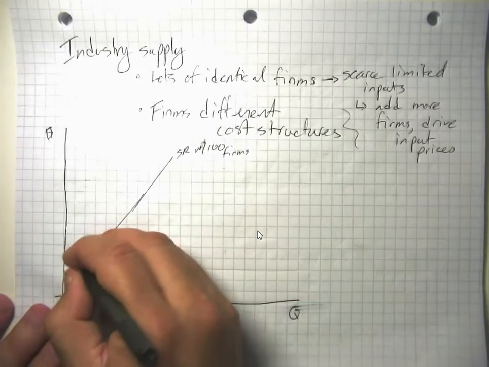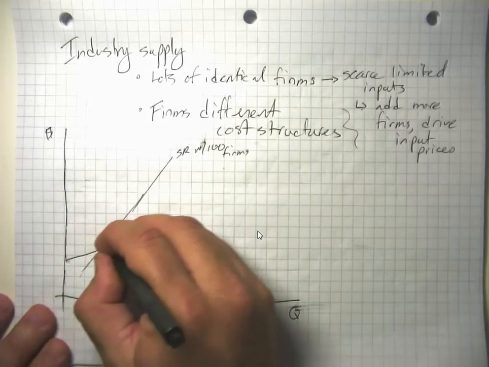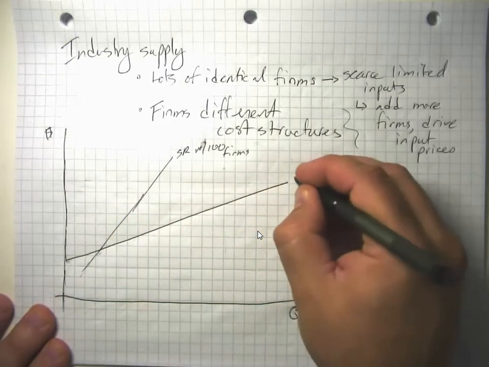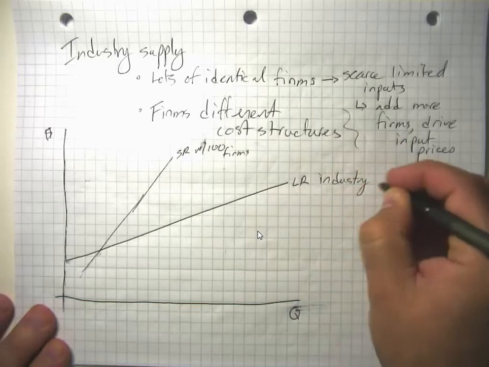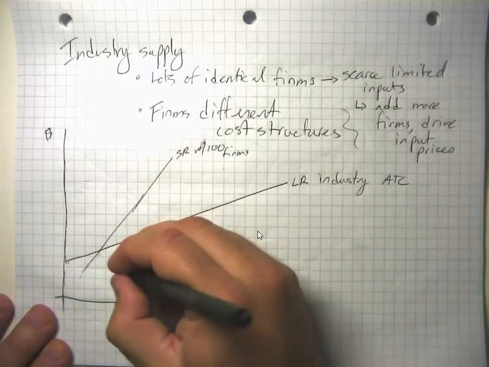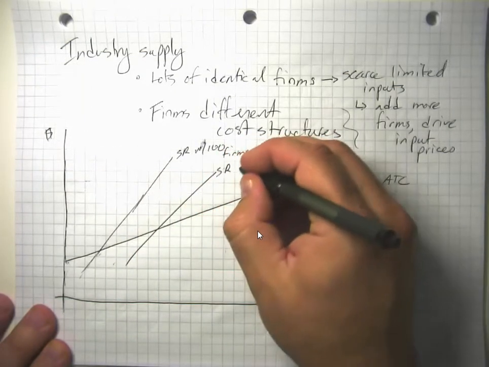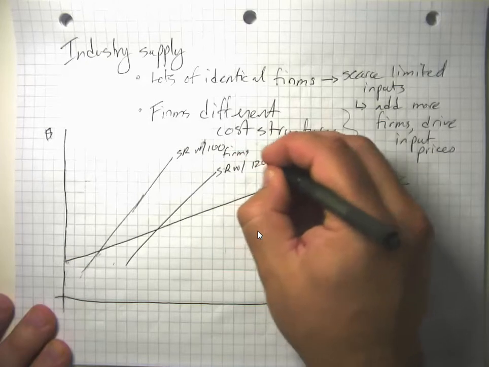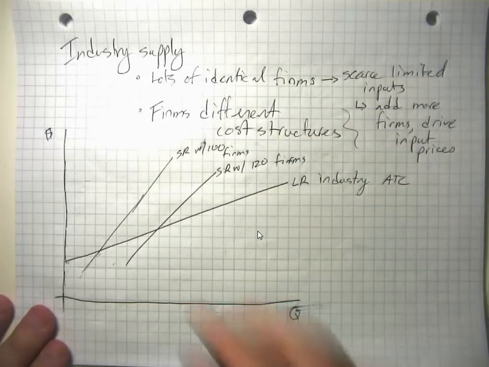And what's going to happen here is we could think about the long-run industry average cost curve, or average total cost curve, might look like something like that. And here would be the short-run supply curve with 120 firms, and so on and so forth.